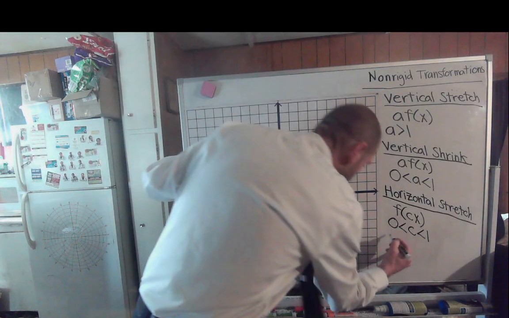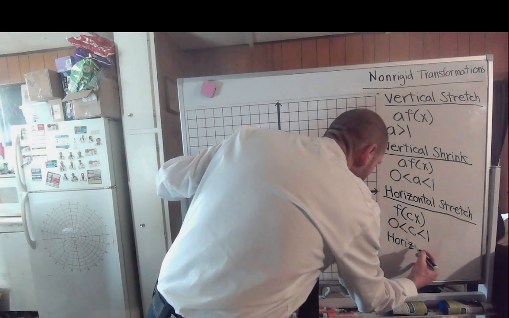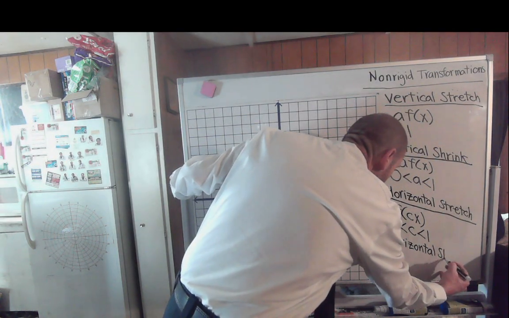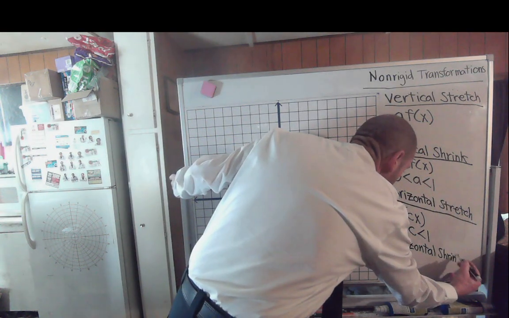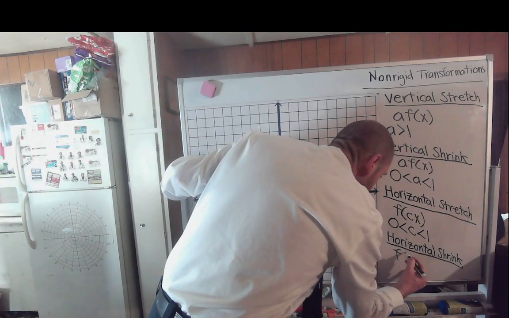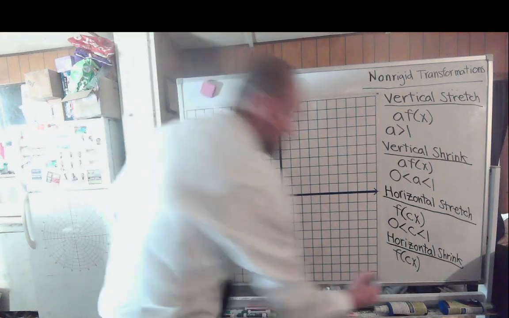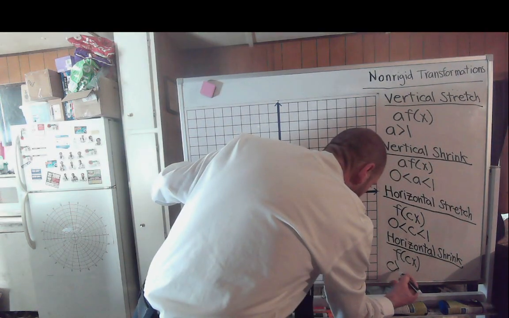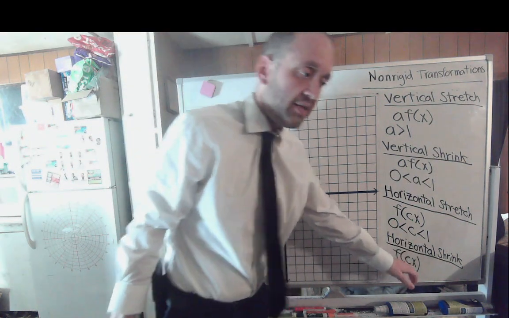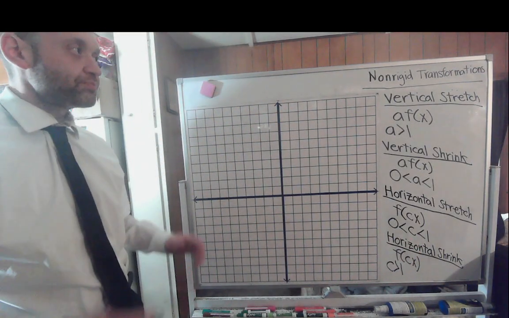And then you have, of course, a horizontal shrink. A horizontal shrink will occur when, again, you have some f of cx. This time that c is greater than 1. If the coefficient of x inside of the f of x is greater than 1, you have a horizontal shrink.